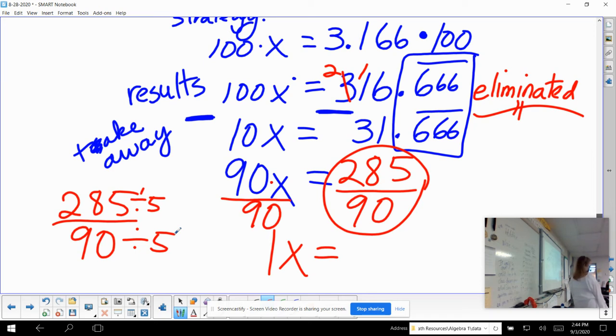Anybody got it yet? 57. Anybody agree with 57? Yeah. So it's going to be my numerator. And then 90 divided by 5. That'd be 50 divided by 5.